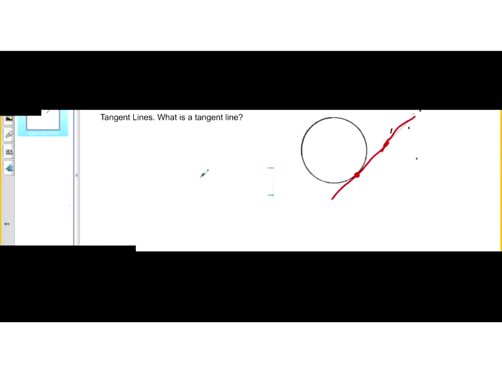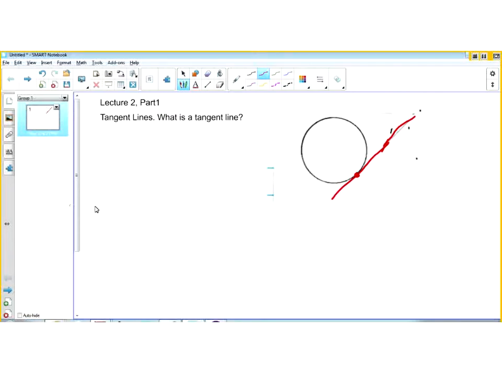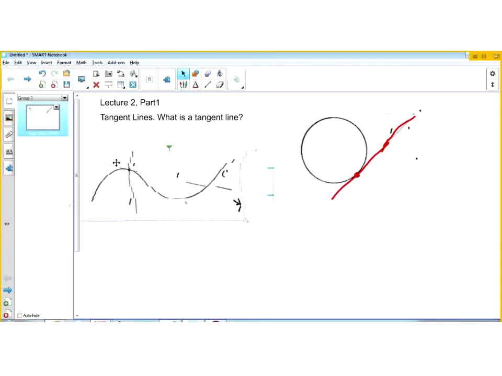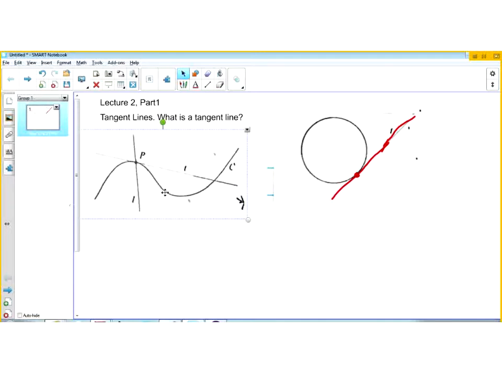So consider a hypothetical function that I've drawn. So consider it as shown in black here, and again, we have a tangent line to this function, and I'm not defining the function yet, at point P.